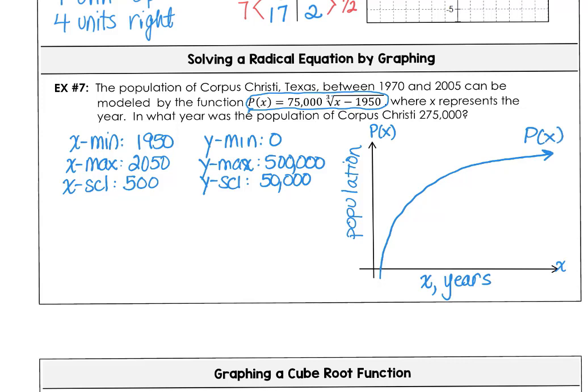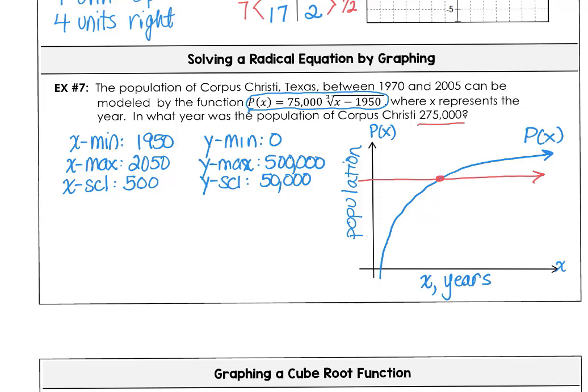Now, the next thing you want to do is you want to know in what year was the population of Corpus Christi 275,000. So if you'll go back into your calculator and graph 275,000 and zoom in, we're looking for that intersection point.